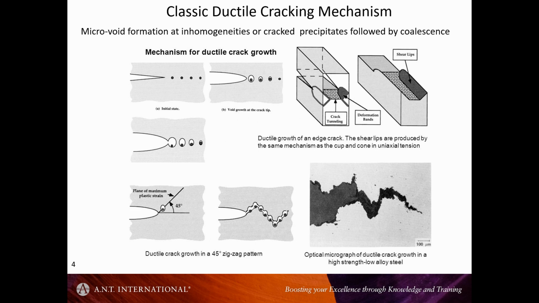I'm not going to go into that, but basically there are two ways in which a tensile specimen would fail, and it's all subject to the stresses and the local constraints around the material.